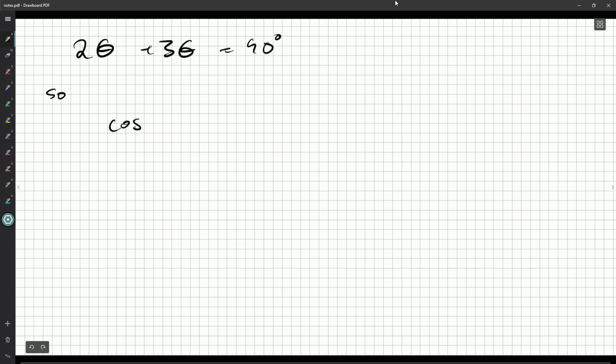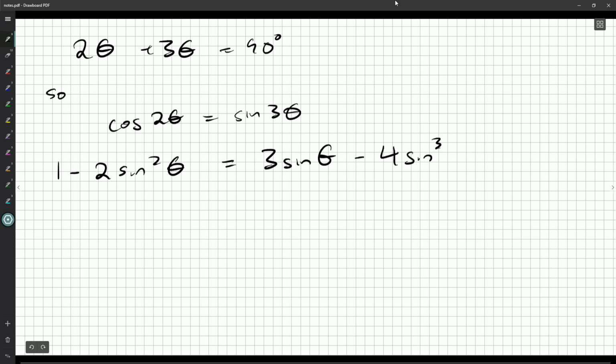So cos 2 theta is the same as sine 3 theta. Cos 2 theta is 1 minus 2 sine squared theta. And then by part A, maybe I don't need the formula I just worked out with cos 3 theta. I don't know. Better safe than sorry. So 3 sine theta minus 4 sine cubed theta.